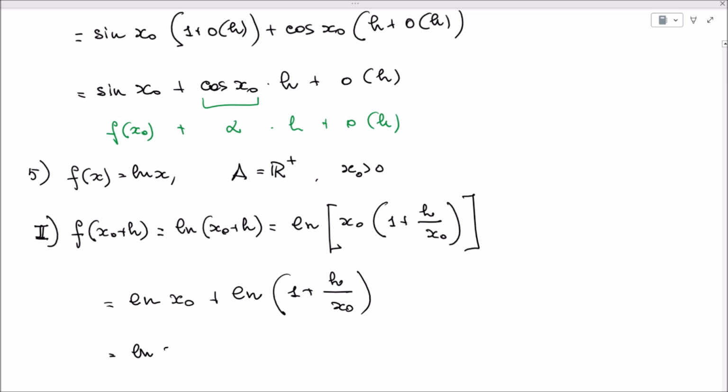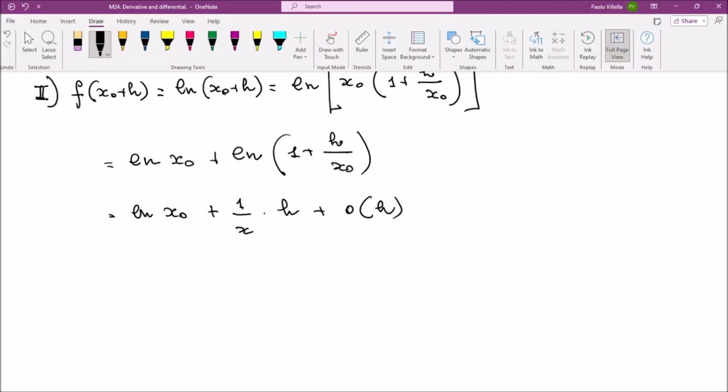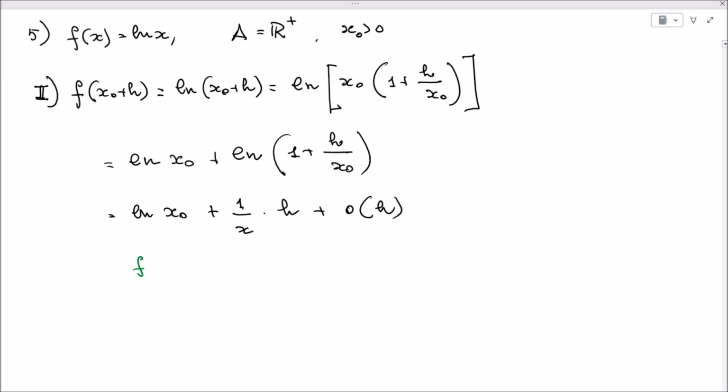We can write the logarithm of x naught plus simply 1 divided by x naught times h plus little o of h. So we recognize this to be f of x naught, which is just the logarithm of x naught, plus alpha times h plus little o of h.